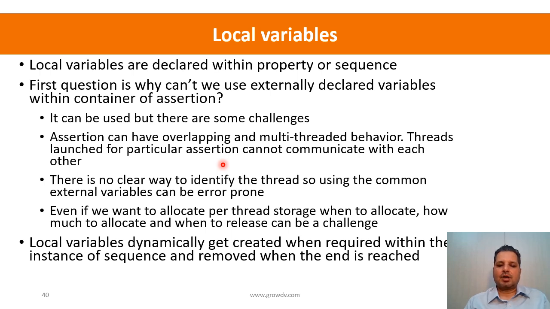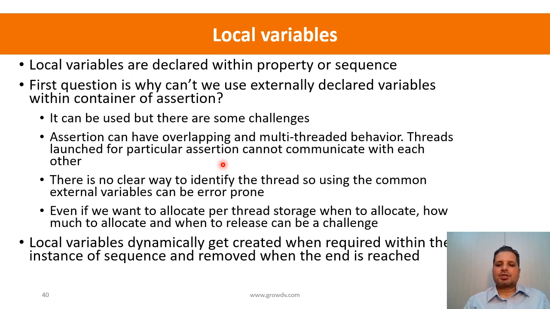Like we can put assertions or sequences, the sequence and properties, inside a module or a checker or a program block, right? It can be in an interface. So when we put the properties or the sequences within the containers, we can declare additional variables within that container, and those variables also can be used because there is a visibility of those variables within your properties or the sequences, so they are visible.